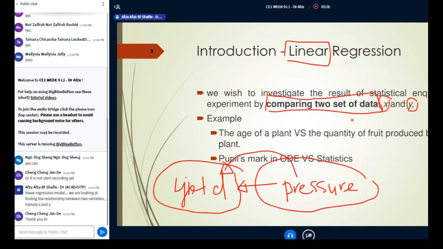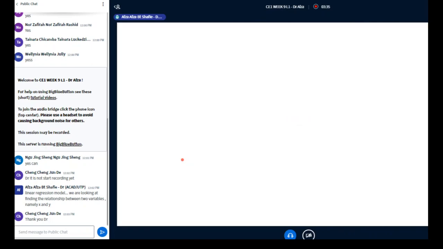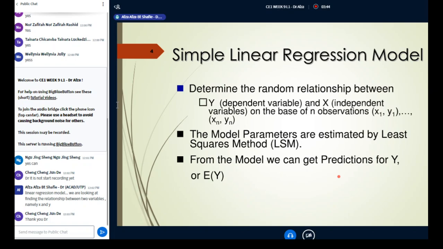So it's just comparing two sets of data, X and Y. In order to do this, we first need to identify what our dependent variable is and what our independent variable is. For example, just now, if you're looking at the yield, that means how the yield depends on the pressure.